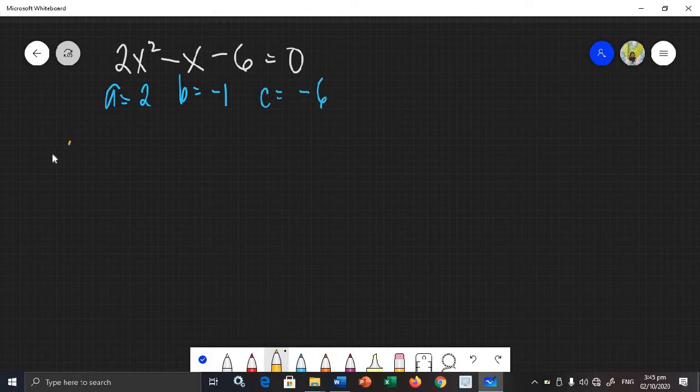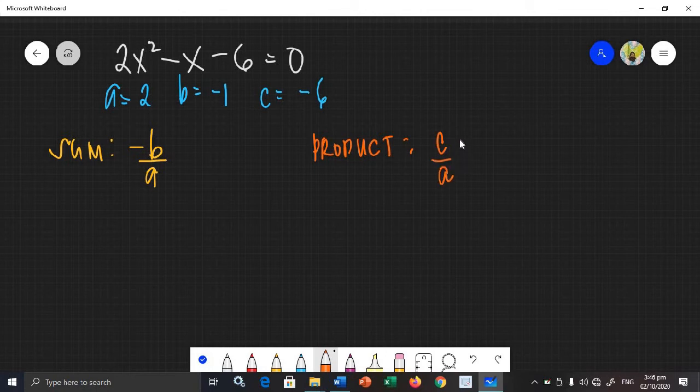So for us to solve the sum, we will use the formula negative b over a. For us to solve the product of the roots, we will be using the formula c over a. Alam niyo yun, kanina, sa naunang lesson, kahit hindi tayo nagsasolve ng quadratic roots, we know what will be the type of roots na lalabas without solving it.